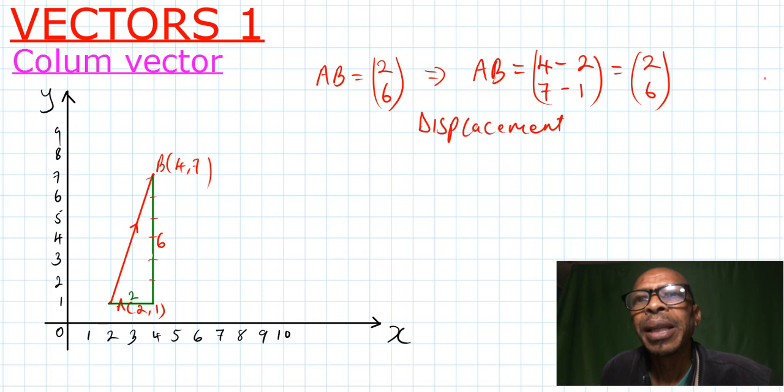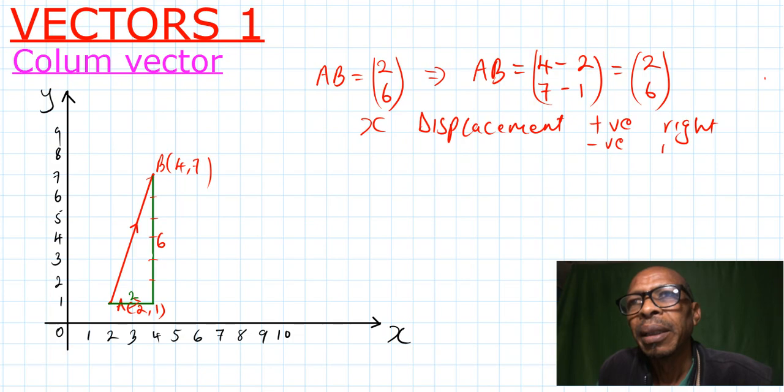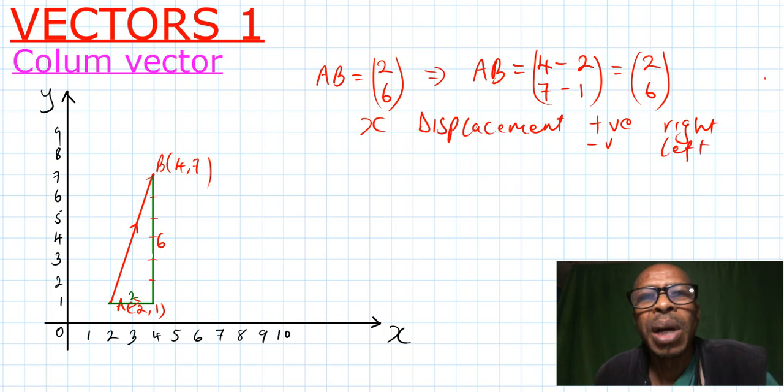Now, you see the displacement here is to the right. So when it is to the right, then we say it is positive. That is x displacement. When it is to the left, then it is negative. That is to the left. I'm going to show you how that happens.